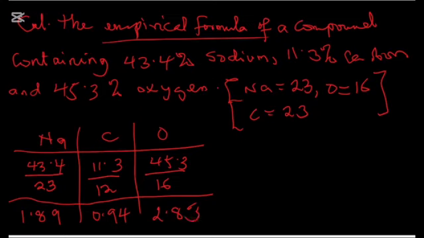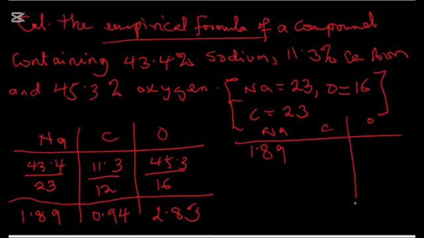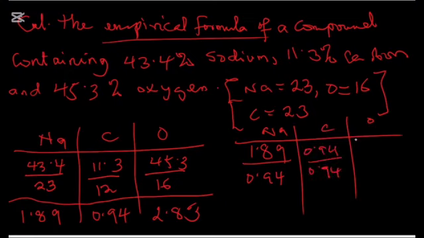Now the next thing I do is to divide by the smallest decimal. The smallest decimal there is 0.94. So for Na, carbon and oxygen, I divide by the smallest number, 0.94: 0.94 divided by 0.94, and lastly 2.83 divided by 0.94.